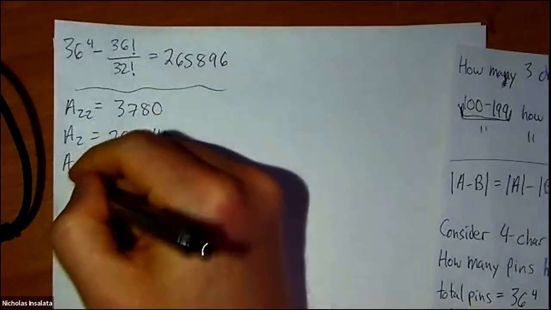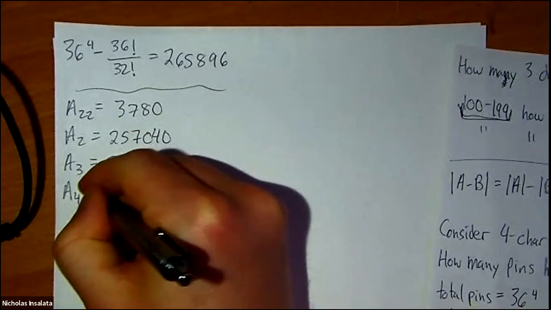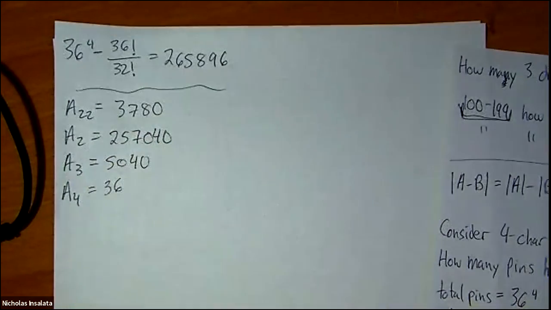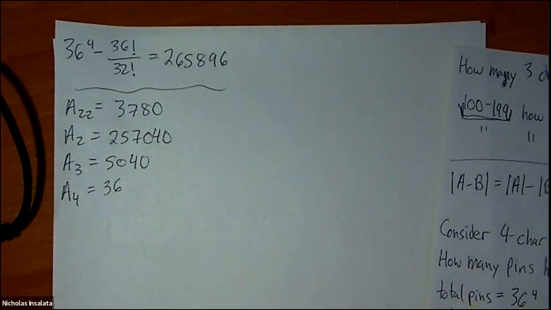And lastly, A5, of course, equals 36. Right? Okay, so let's add all these guys up and see what we get. So that'd be plus 36 plus 3,780 plus 257,040.